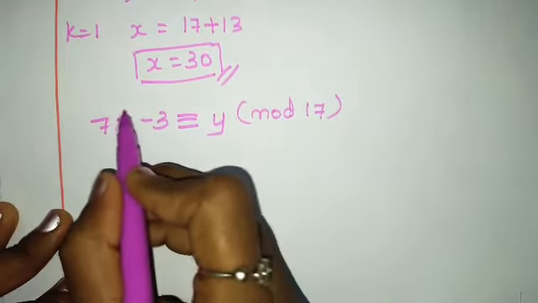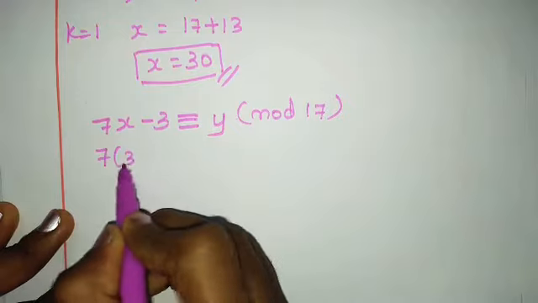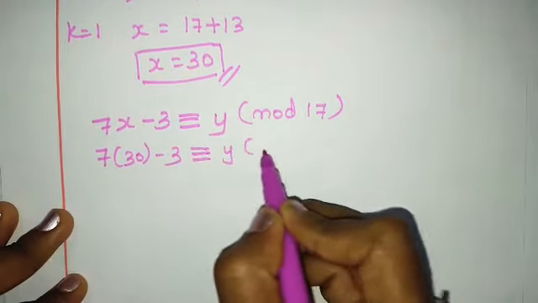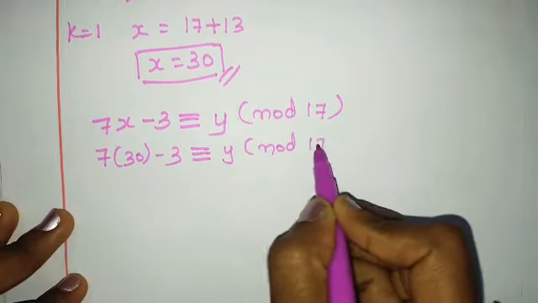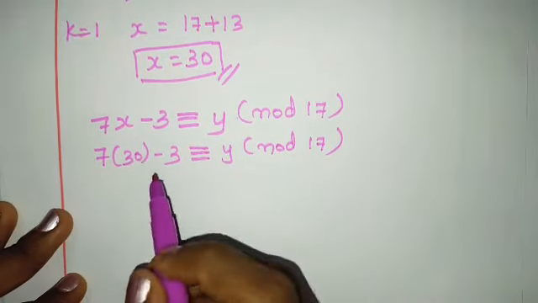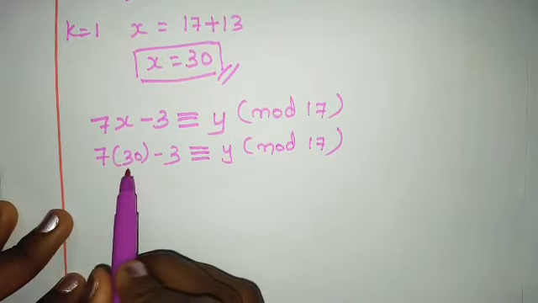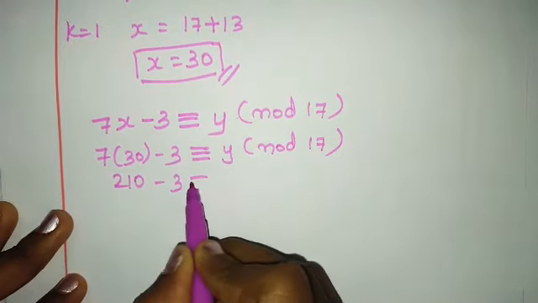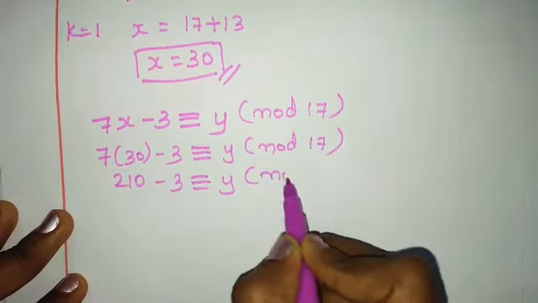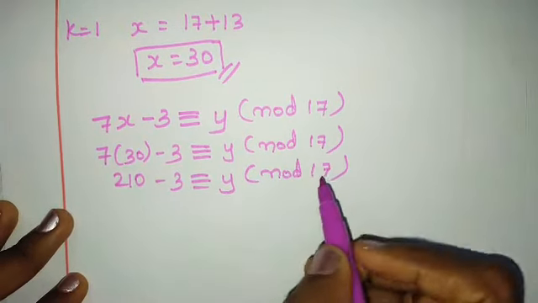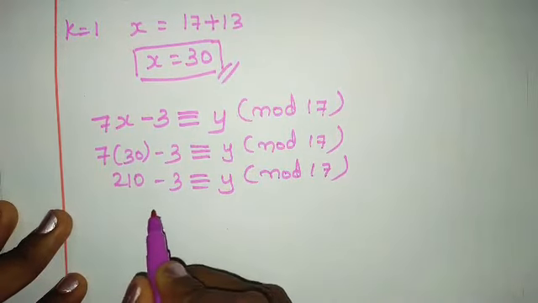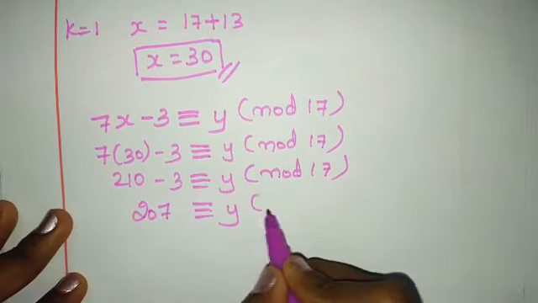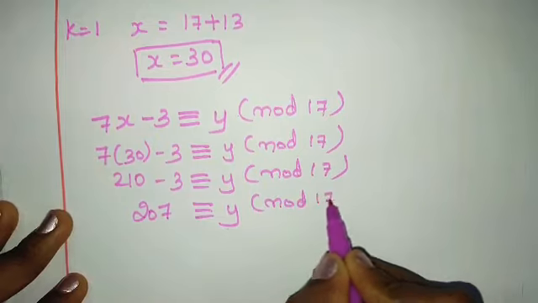So now we know the x value. 7 into 13 is 210 minus 3 congruent to y mod 17. So 210 minus 3 is 207, congruent to y mod 17.